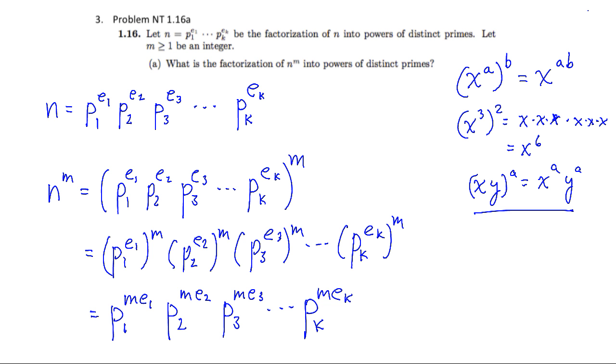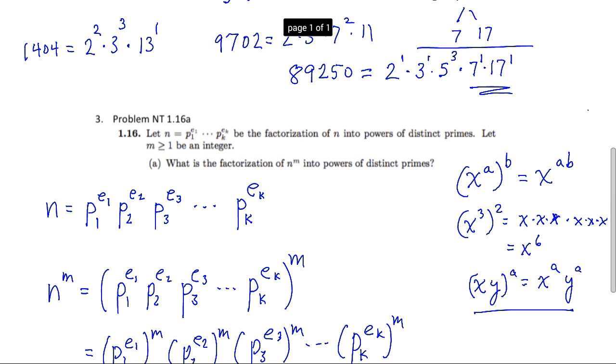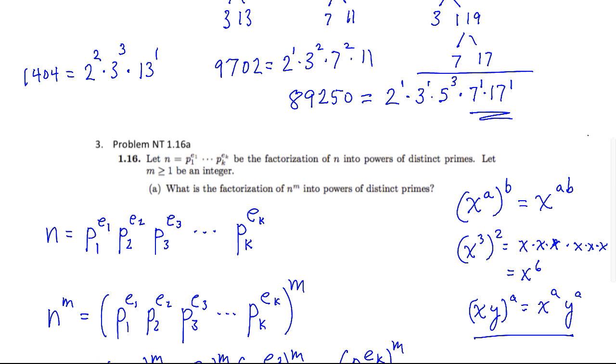So if I take a number and cube it, for example, if I take 1404 and I cube it, then I'm just going to multiply each of those exponents by 3. 2 to the 2 times 3, times 3 to the 3 times 3, times 13 to the 1 times 3, which is 2 to the 6th times 3 to the 9th times 13 cubed.